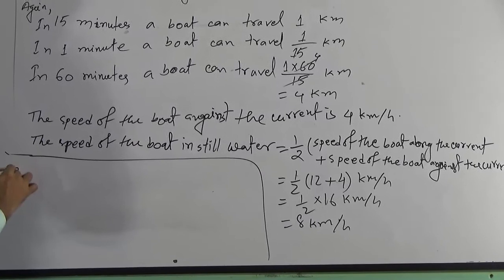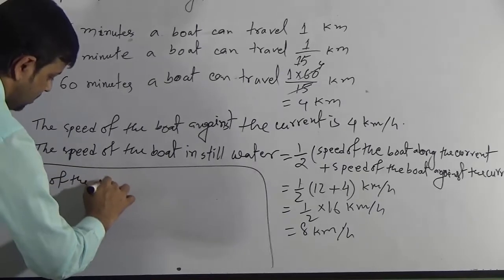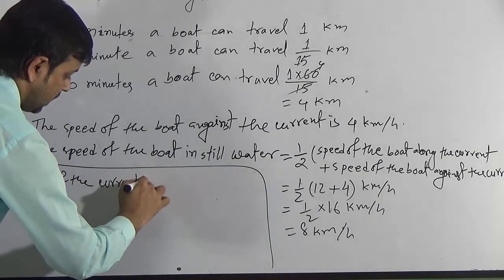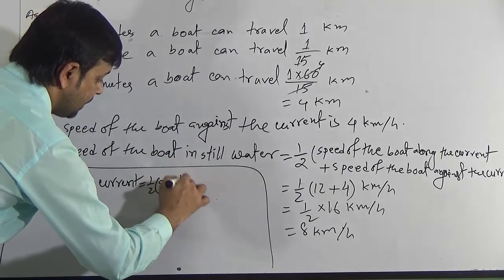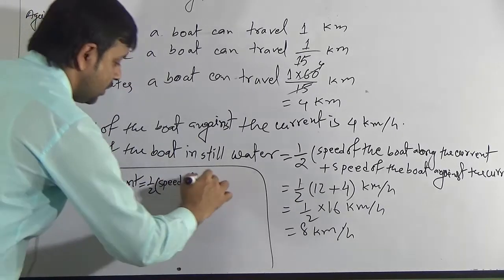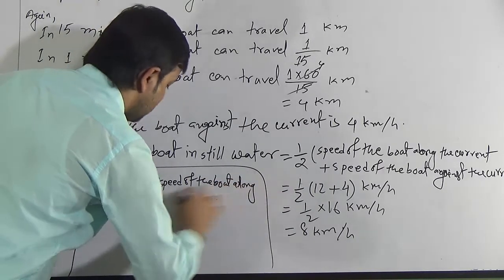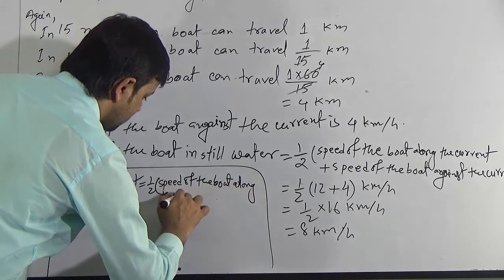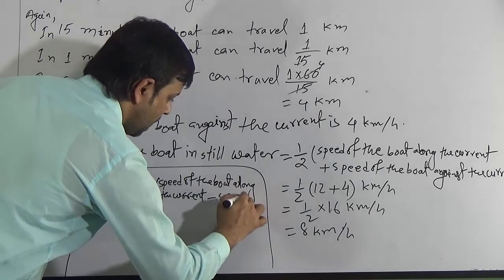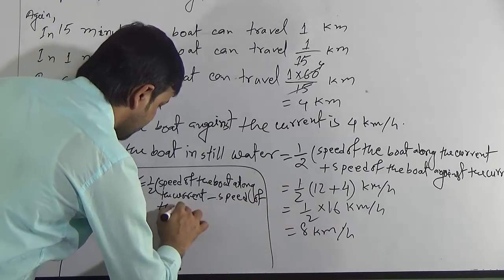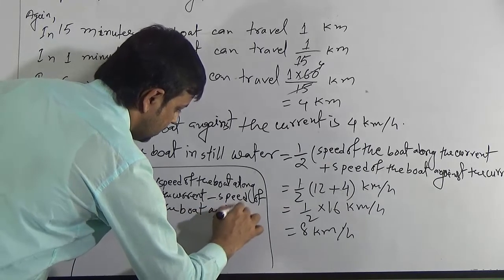The speed of the current, that is equal to half into speed of the boat along the current minus speed of the boat against the current.